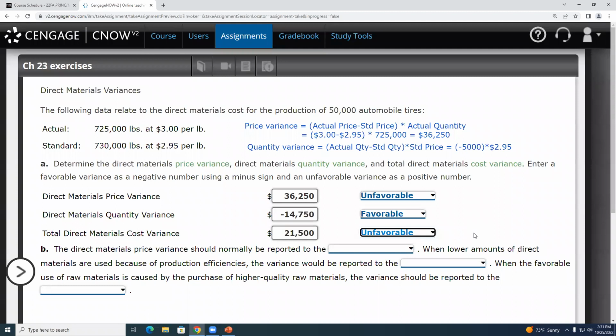If you're not sure about that, you can check it by doing the total actual and the total standard cost. So 725,000 pounds at $3 per pound minus 730,000 pounds at $2.95 should give you the same number.